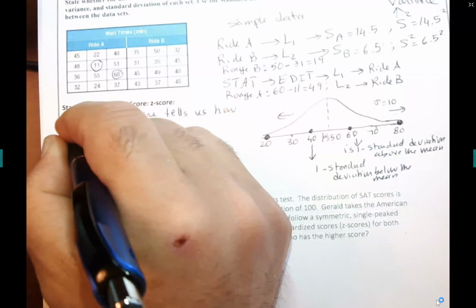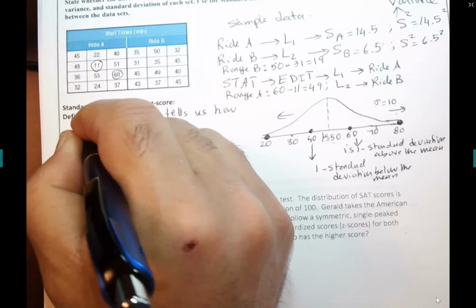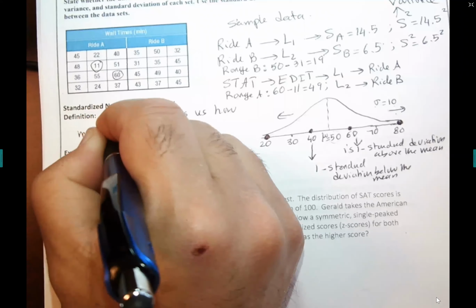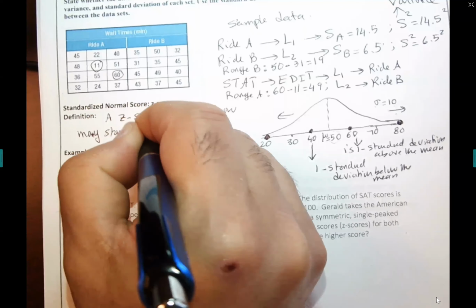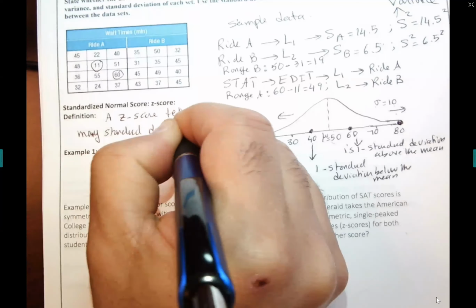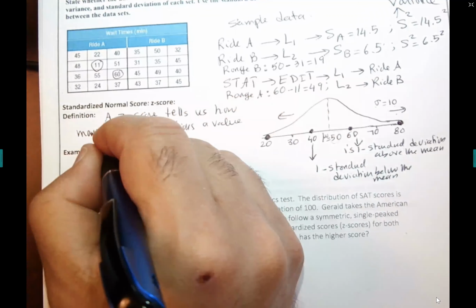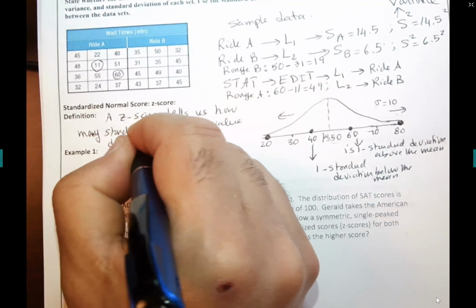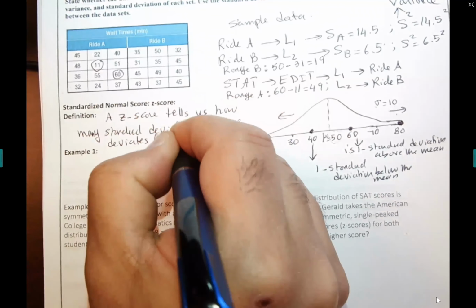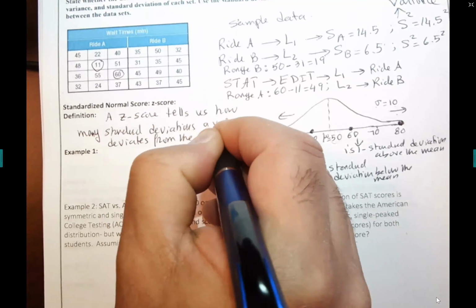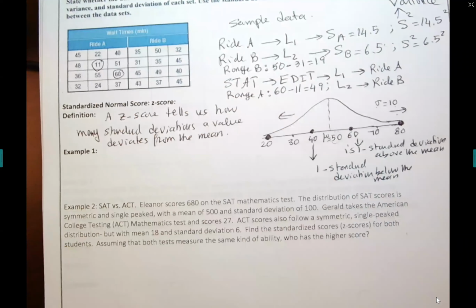How many standard deviations a value deviates from the mean. That's what we call a Z-score.